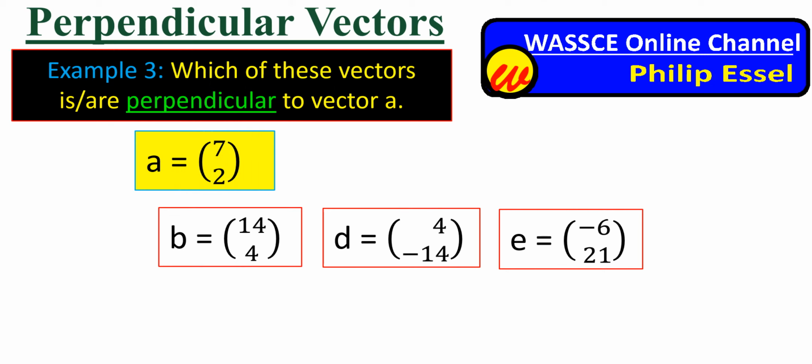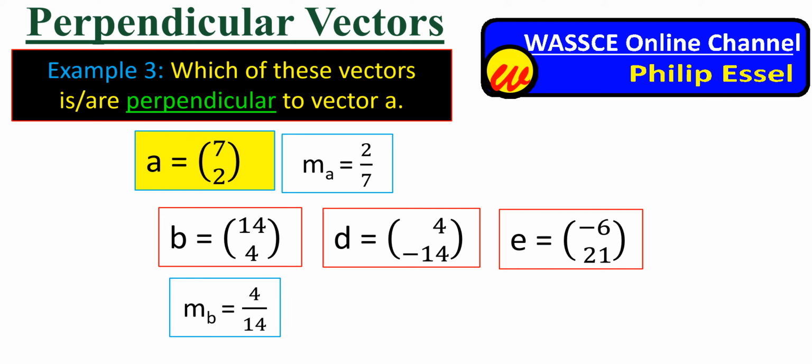Which of these vectors is or are perpendicular to vector A? So first we would calculate the slopes of all the vectors involved. The slope of the vector A is 2 over 7. The slope of the vector B is 4 divided by 14.